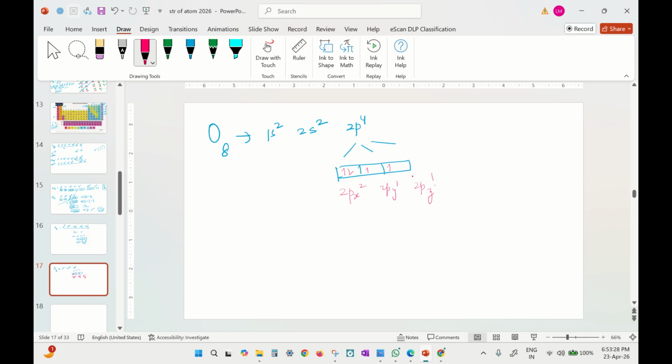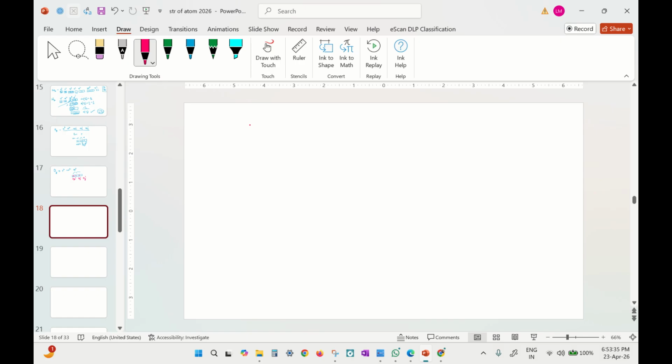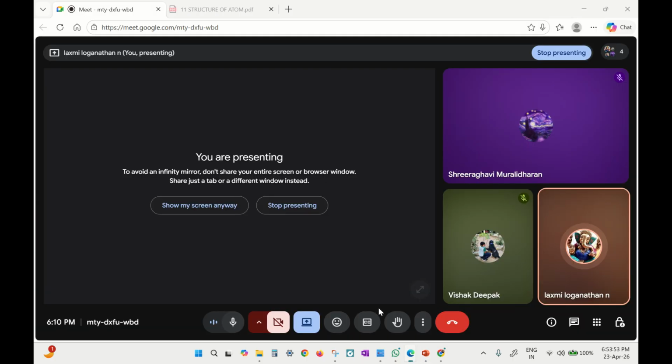Okay. Now coming to the d orbital, L is equal to 2, the d subshell. So ml values would be +2, +1, 0, -1, -2, right? And they should have some names, no? What happened to Vishak? He left and joined back, is it? What happened?